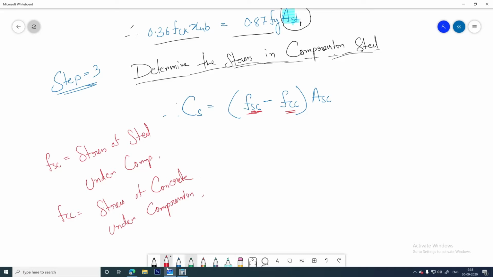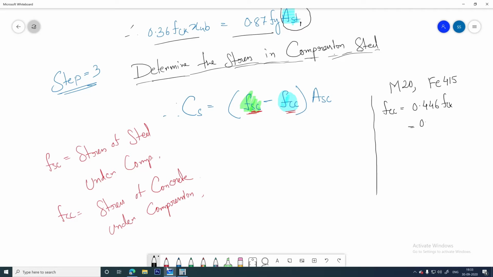Now the value of this FCC is very less compared to this FSC. Let's give an example of how much less it is with respect to the FSC. If you consider M20 grade of concrete and Fe 415 grade of steel, now if you determine the FCC, it is actually 0.446 FCK.